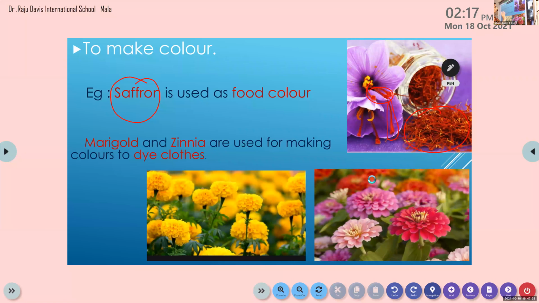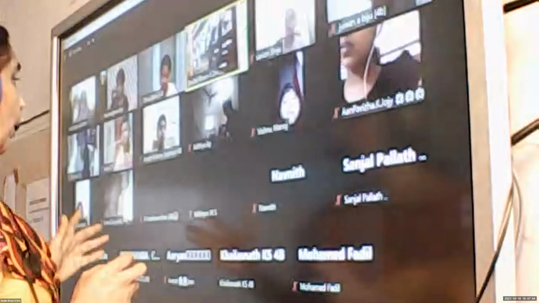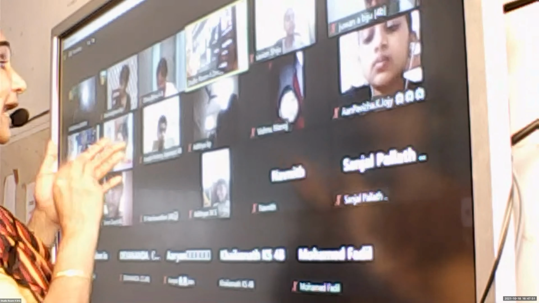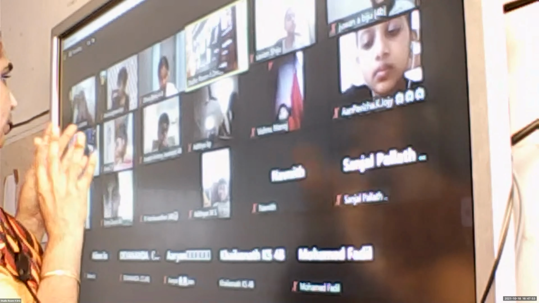Next one, jasmine, marigold and zinnia. All these we can use for coloring clothes, natural color, not decoration. We can take this marigold, rub it on a white cloth, and you can see that the cloth will turn yellow. You will get a natural yellow color.